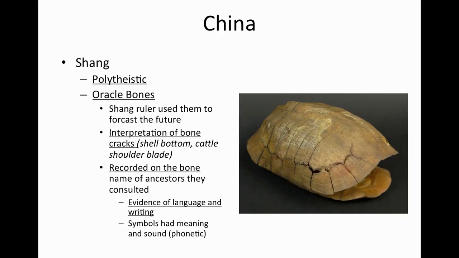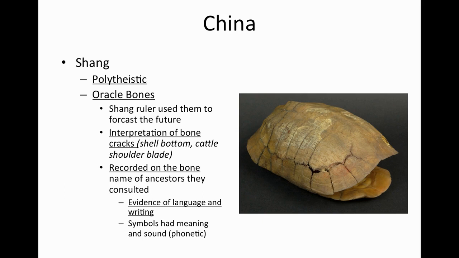All right, China, during the Shang dynasty, we know that they were polytheistic. Eventually Buddhism and Islam and Christianity would emerge in China, but China never has a single religion. So early on, though, China's polytheistic. Remember the oracle bones? Oracle bones were used by the Shang ruler to forecast the future.